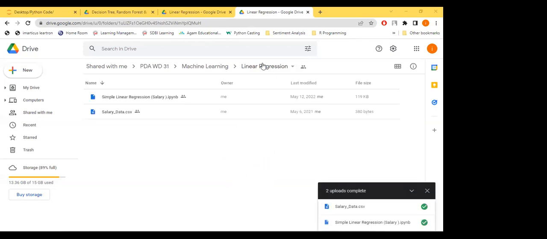Guys, I've given the two files. One is your salary one Python file, one is the normal data files.